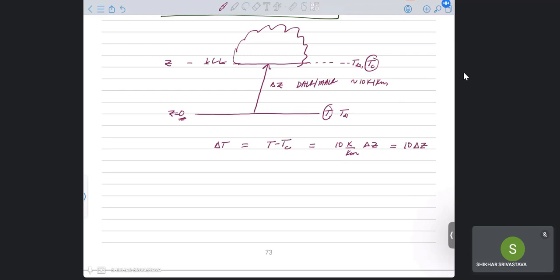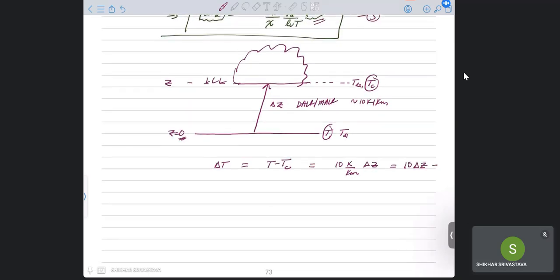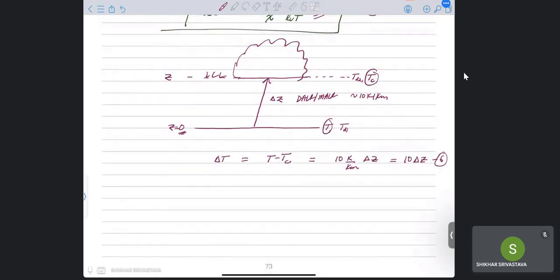Is this clear at this point? I will go slowly so that you understand. So this is basically the difference in the temperature between the surface and the base of the cloud. Since up to this point the parcel is being raised from this point to this point, it will follow the adiabatic lapse rate.